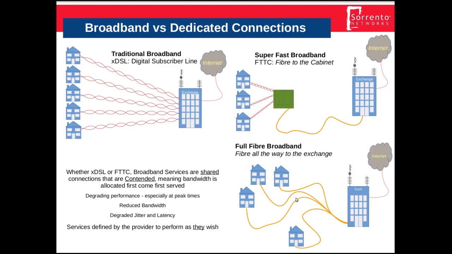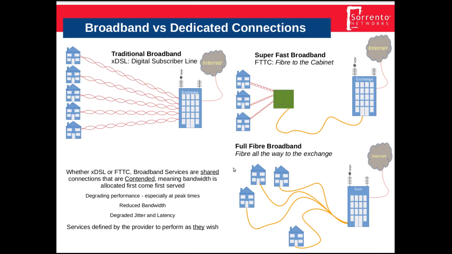Now, that's all about broadband, so consider what that really means in practice as far as service quality is concerned. The difference which we may want to consider is to do with how many people are using those connections at the same time.